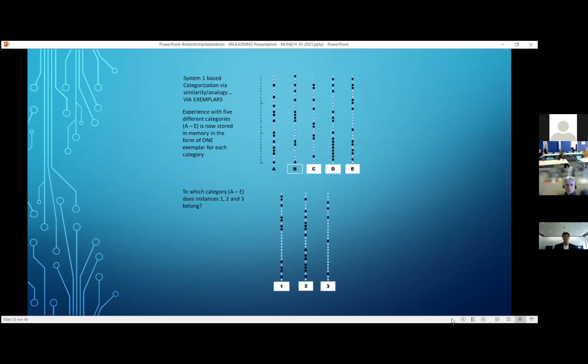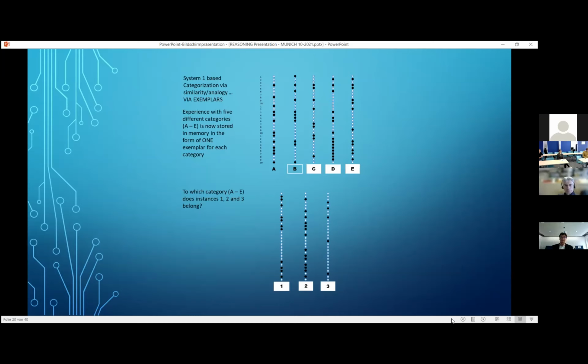And here's an example. At the top, and I apologize, this came out pretty small, we have 5 previously experienced exemplars, and their signs and symptoms. A black dot means they're present, a white dot means the finding was not present. And they got stored into our memory. And now we have 3 new cases that are presenting to us, at the bottom of the screen, cases 1, 2, and 3.